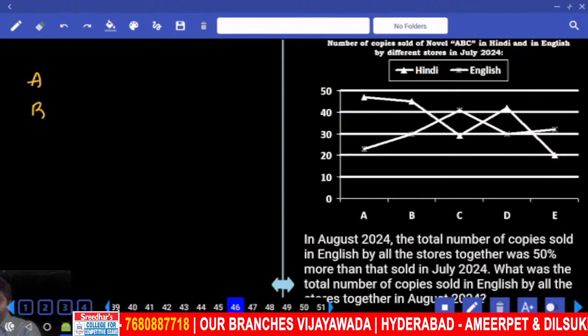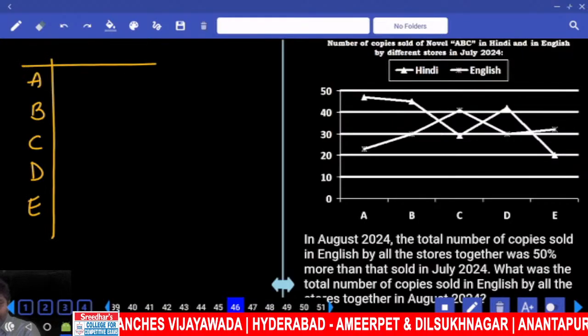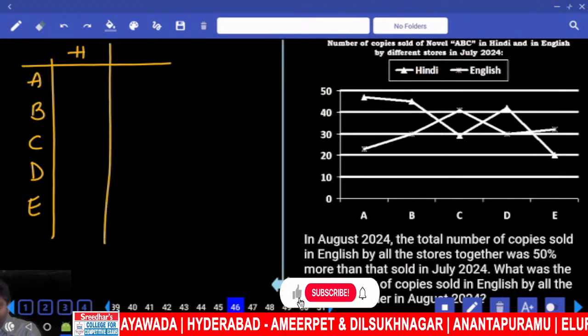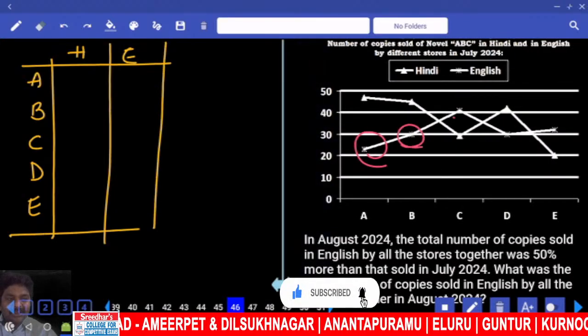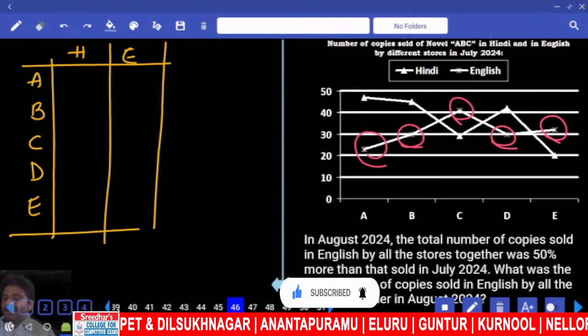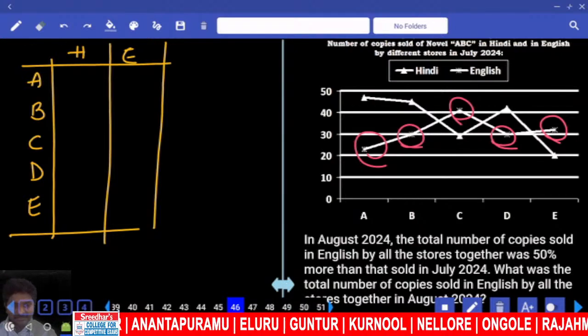A, B, C, D, E. Hindi and English. Because numbers are not clearly mentioned, we have to prepare the table. Okay, right.